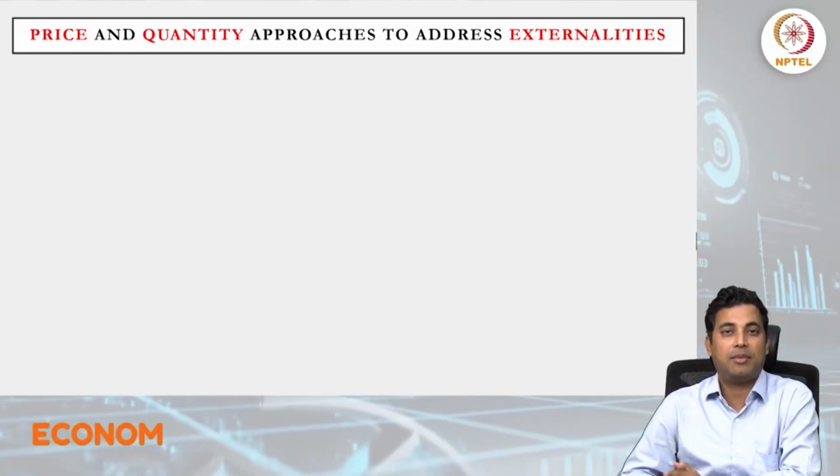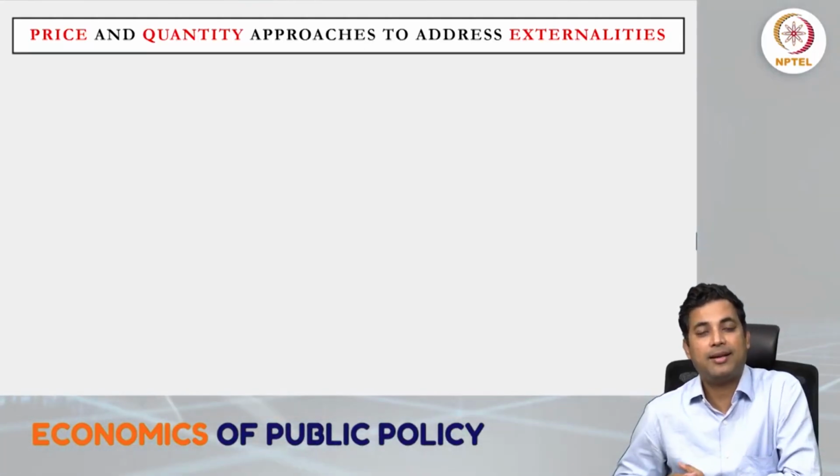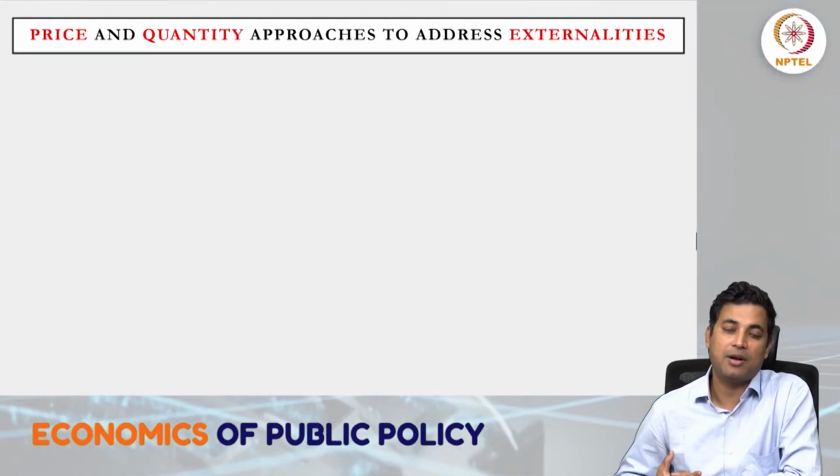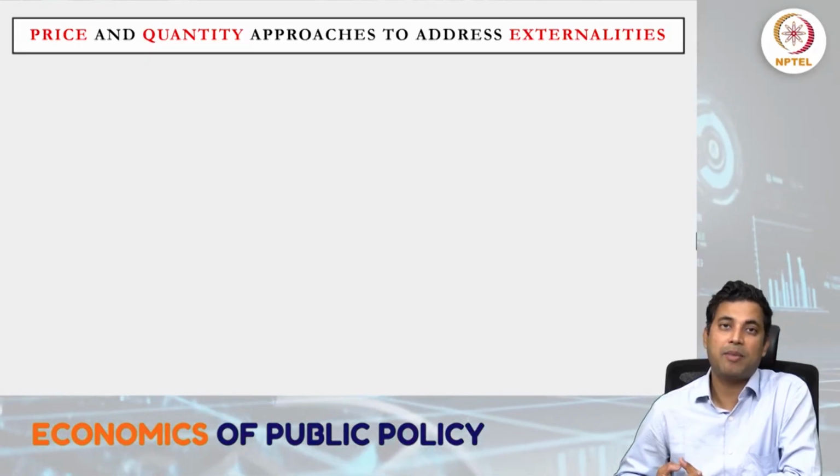Today we'll discuss the price and quantity approaches to address externalities. Of course we spoke about price and quantity, but in case of the market for a commodity, like the market for steel, market for garments, market for textile, or market for solar panels.